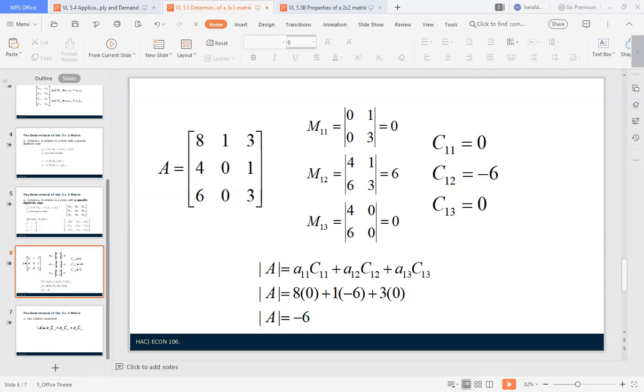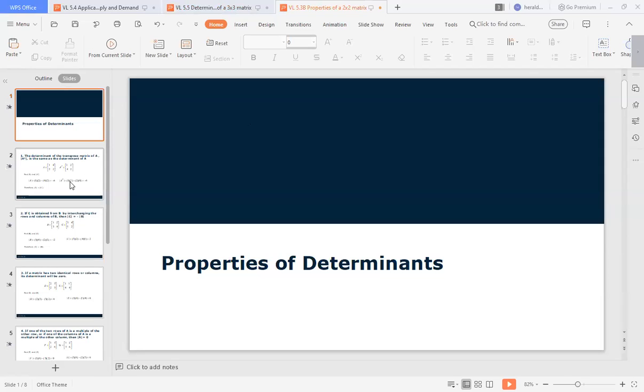Great. So I assume that we are all okay with going to the next one. All right. Now let's go to some properties. Okay, let's go to some properties of a 2 by 2 matrix, or let's go to some properties in general. Okay.